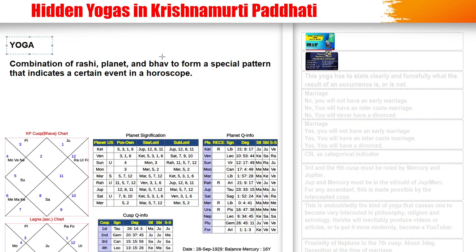Unlike in the Parashari system, where you find hundreds of yogas, Professor K.S. Krishnamurti didn't take much interest in making use of those yogas in the KP framework. In fact, the Professor has pointed out the weakness of the traditional yogas and why they don't seem to work, or why they don't seem to give the result promised by the yogas.